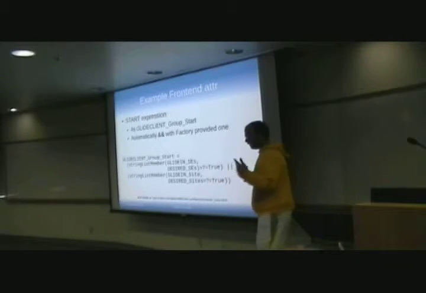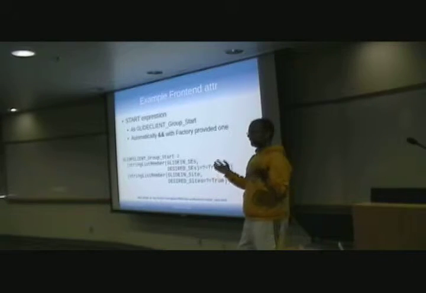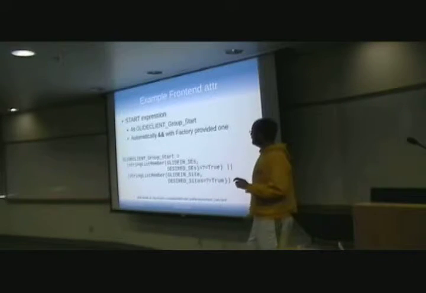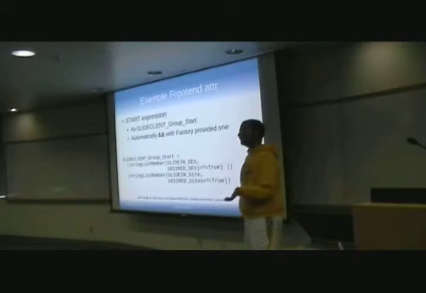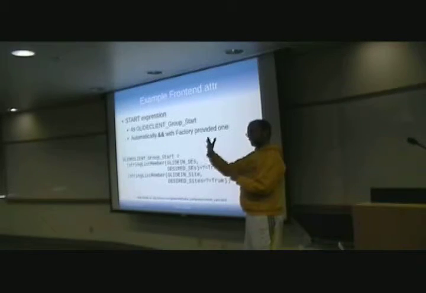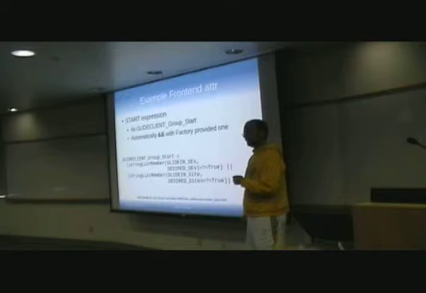As I said, you can also provide attributes directly, statically in the front-end config. And the classical example is a start expression. I mentioned it before. You may want to provide a start expression that goes into the configuration of Condor so that the matchmaking of the front end and the matchmaking of the negotiator via the requirements of the startd are in sync.